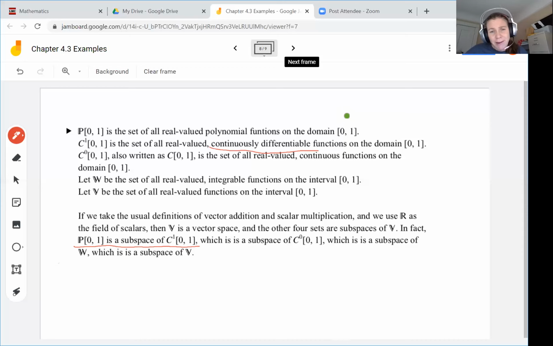And then that's a subspace of just all the real valued continuous functions that we denote C with a superscript 0, or more often just C 0, 1. And so that's a subspace of all real valued integrable functions. And then all the real valued integrable functions are a subspace of just all the functions V on that closed interval 0, 1.